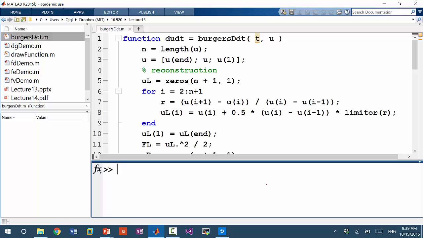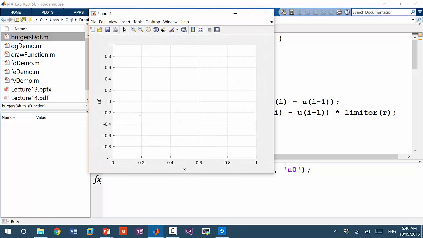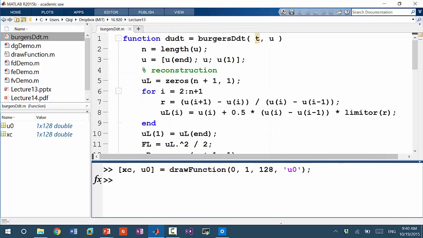So let's test this out. Again, I'm going to draw a function with 128 nodes. And from last lecture, we observed a problem when we have a discontinuity like that. So we're going to draw again a function like that.